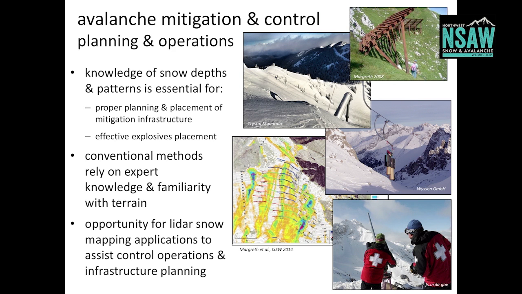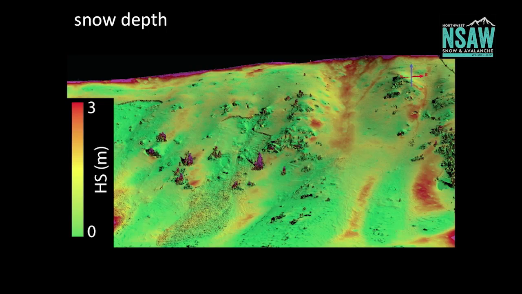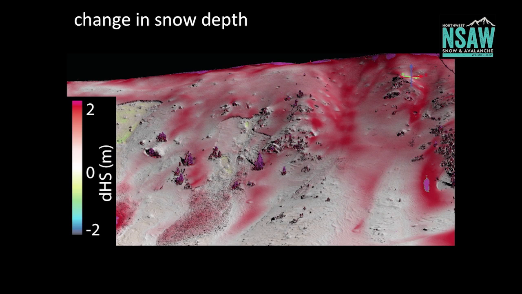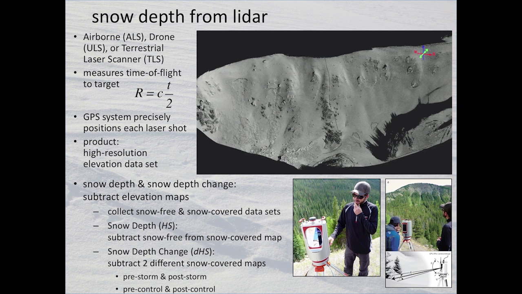And so really shifting a mindset from imagining, based on your experience, what the snow distribution looks like, to having a graphic that looks like this that can show you at very high resolution what the snow depth or the snow depth change from the previous scan looks like. So I'm going to show you how we make these maps and some ways that we're using those.